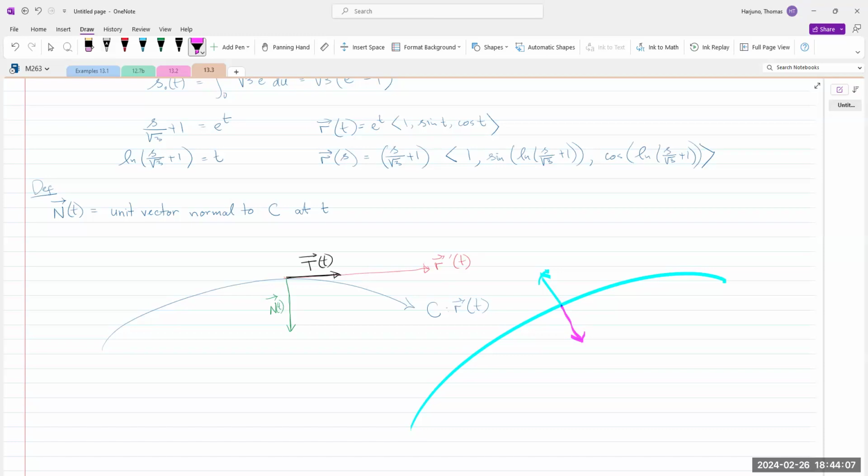Okay, or you may think this way. Suppose you have a car. So we used that illustration earlier, right? Going through this curve.